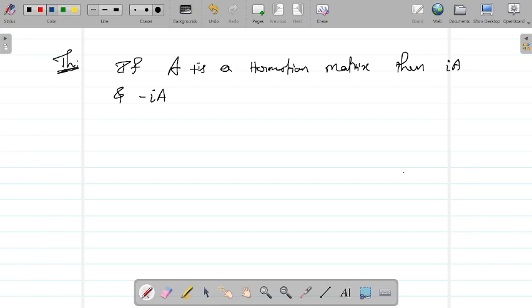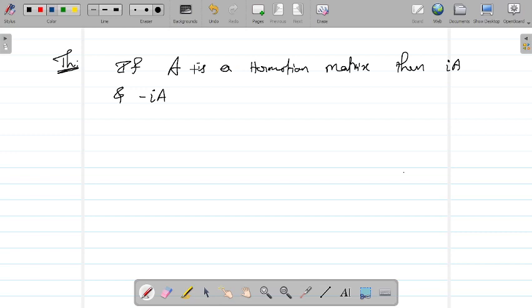So finally we end up with minus i times A star, but you know A star is the same as A because it is a Hermitian matrix. So this is minus i times A. Therefore you can see that (iA) star is equal to minus iA.